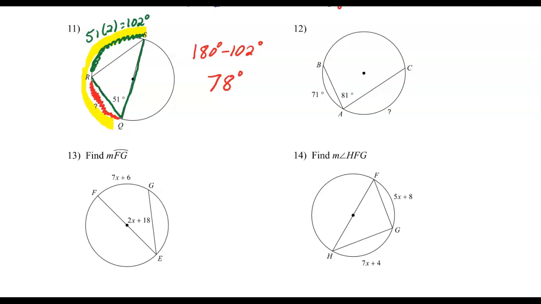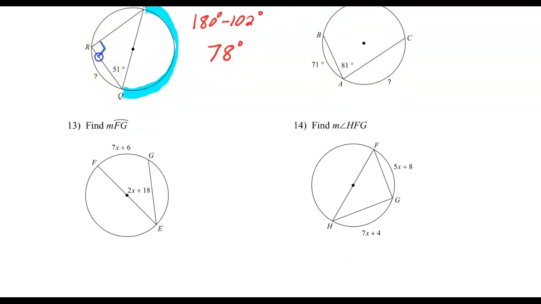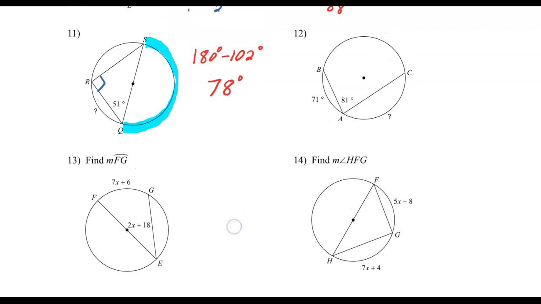Another way you could do this problem, and I'm going to erase this. Here we have half of an arc. So some people in class said angle R is 90 degrees. Then in order to find angle S, some of your classmates did 90 plus 51 and got 141.